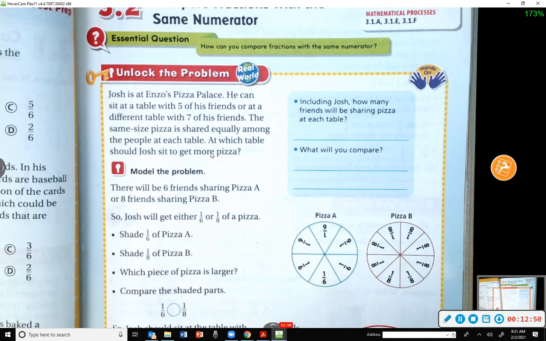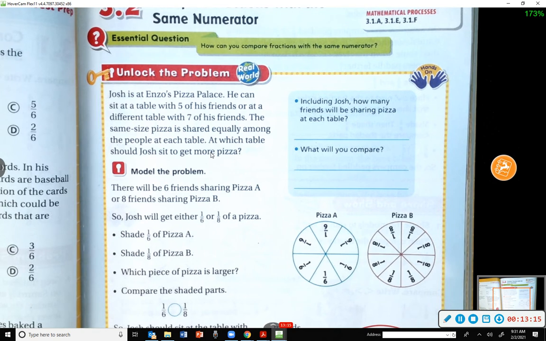Josh is at Enzo's Pizza Palace. He can sit at a table with 5 of his friends or at a different table with 7 of his friends. The same size pizza is shared equally among the people at each table. At which table should Josh sit to get more pizza?